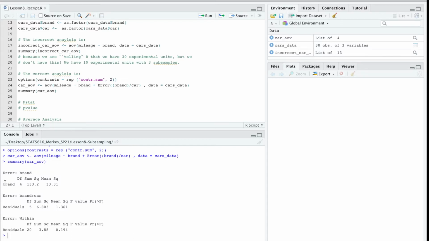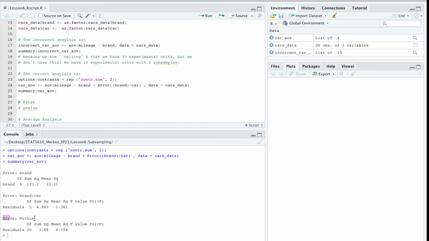And so what we're going to get is here's our brand. We're going to have 4 degrees of freedom, our sums of squares. Then we're going to have our 2 error terms here. This is going to represent our experimental error sums of squares, and MSEE.